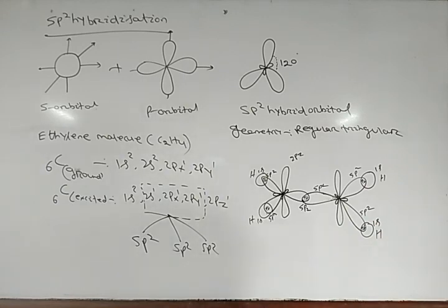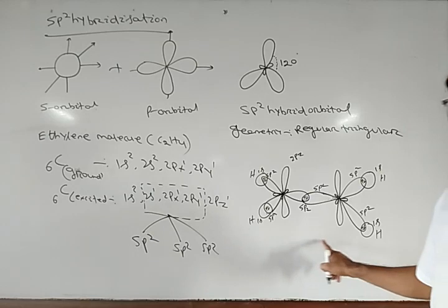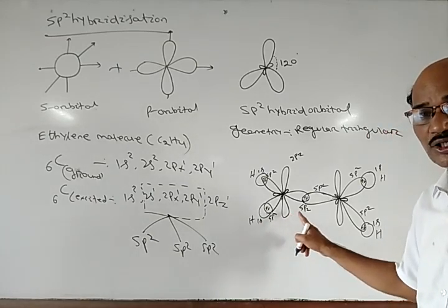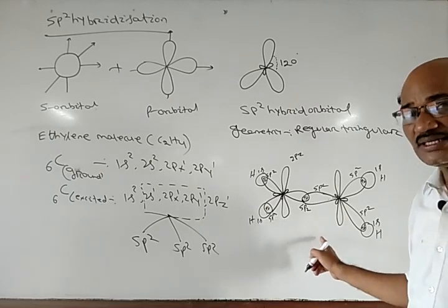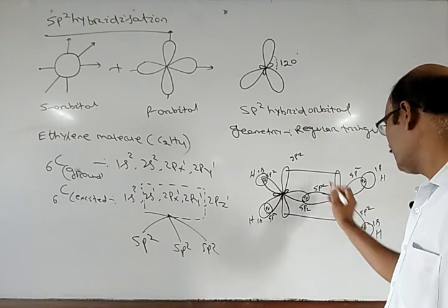Okay. Now, the remaining two unhybridized 2pz orbitals, one from each carbon atom, form what? A pi bond.